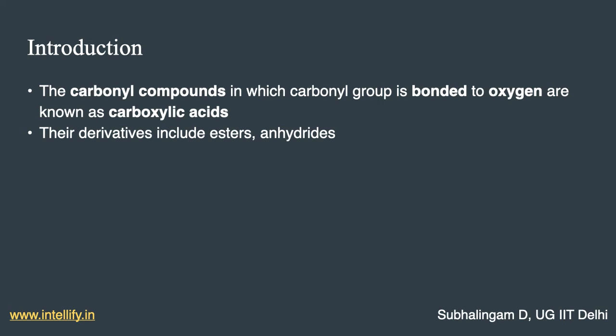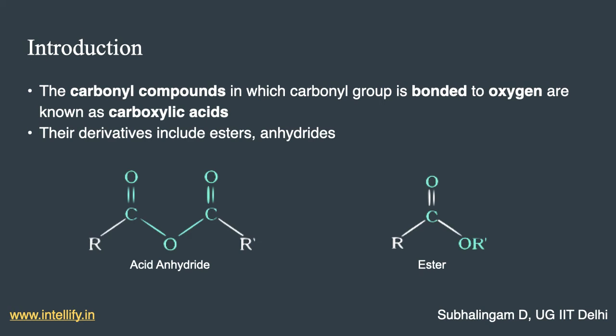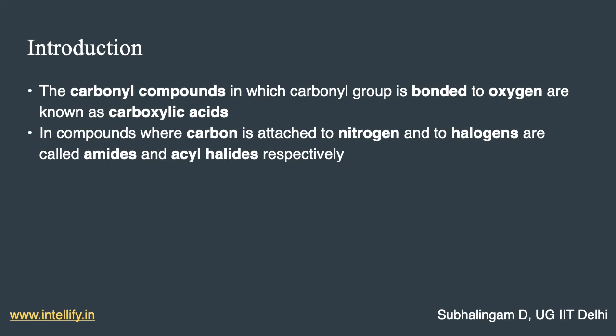Their derivatives include esters and anhydrides. The one on my left is an anhydride, RCOOCOR', and the one on my right is an ester, RCOOR'. Compounds where the carbonyl carbon is attached to nitrogen are called amides, and where it is attached to a halogen we call them acyl halides.